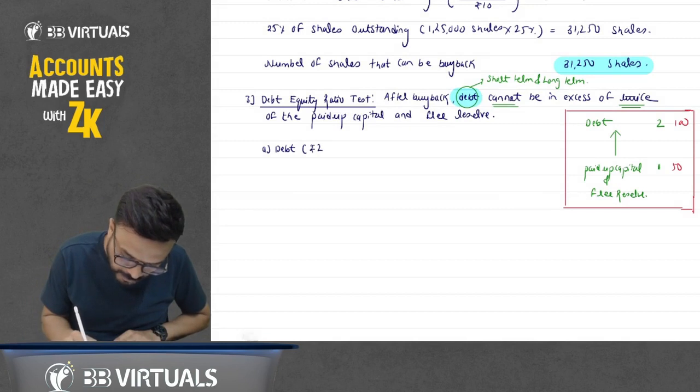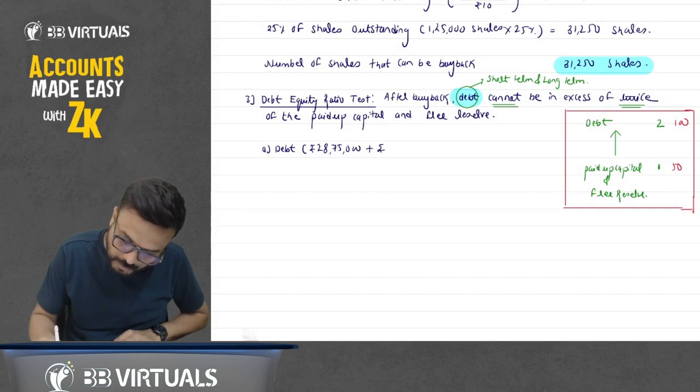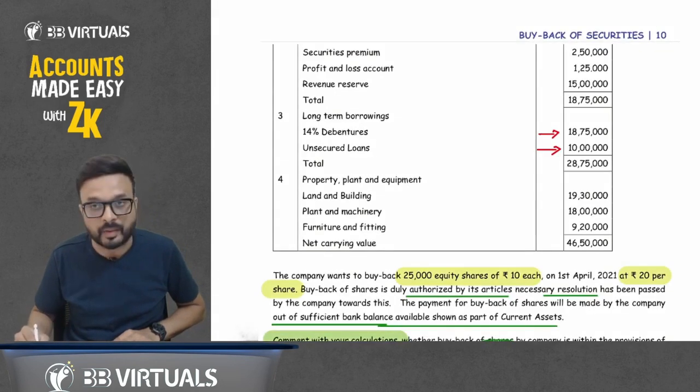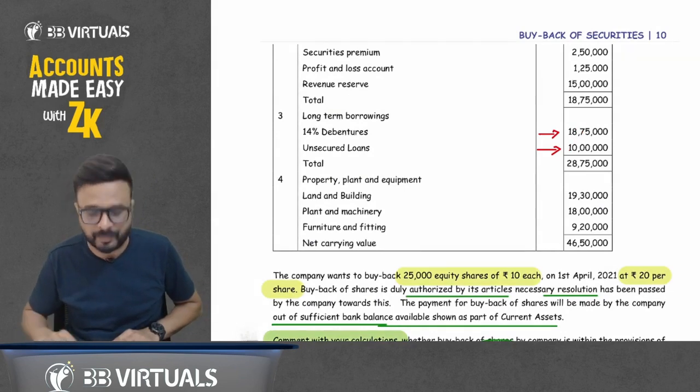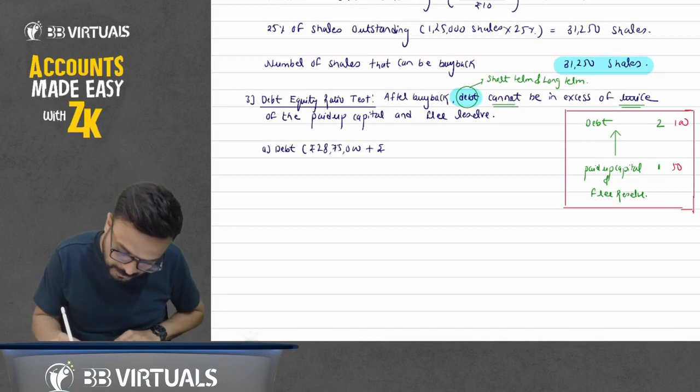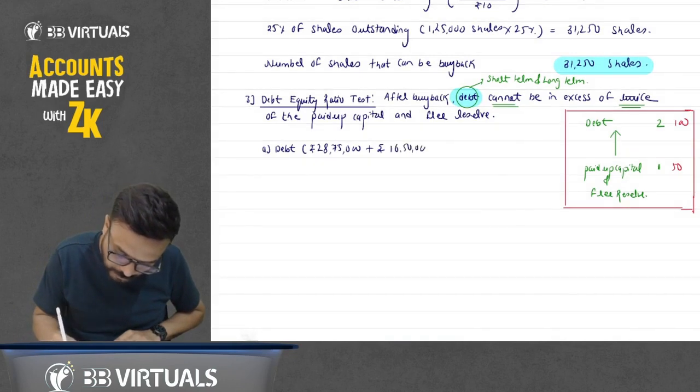28,75,000. You can also write it as 18,75,000 plus 10 lakh, the same thing, plus 16,50,000.